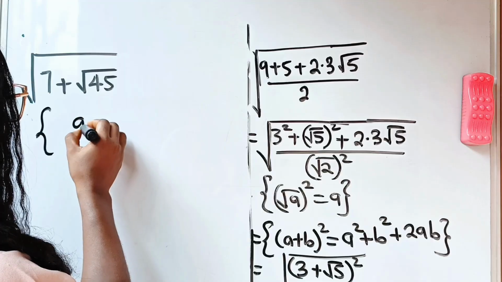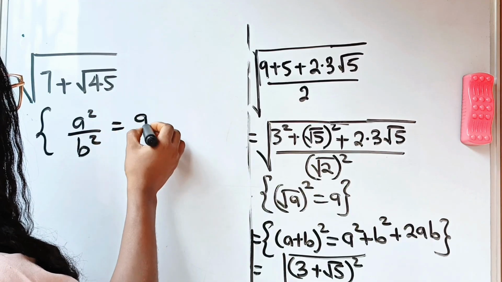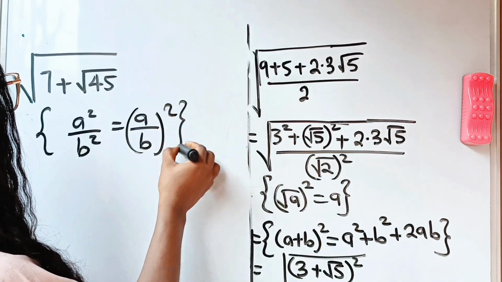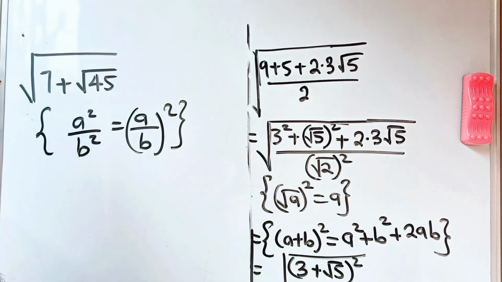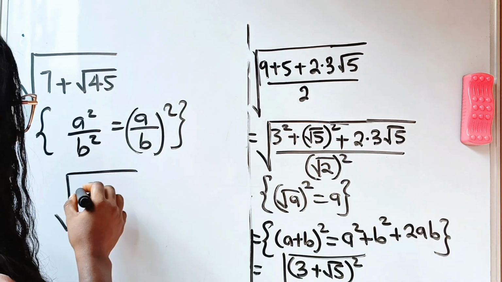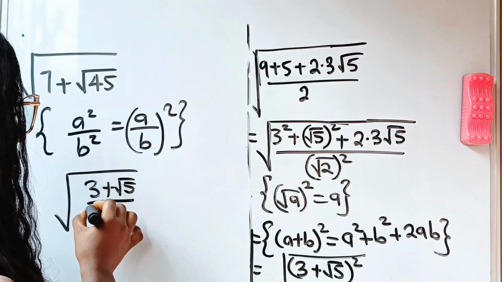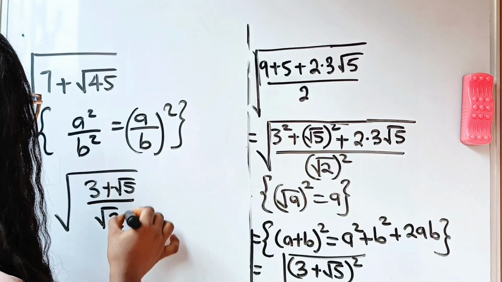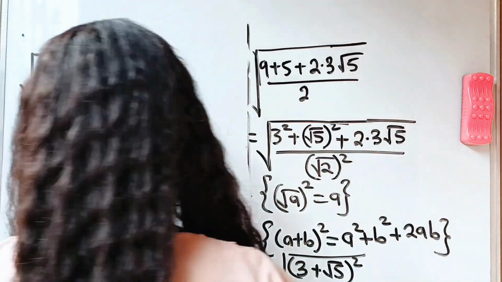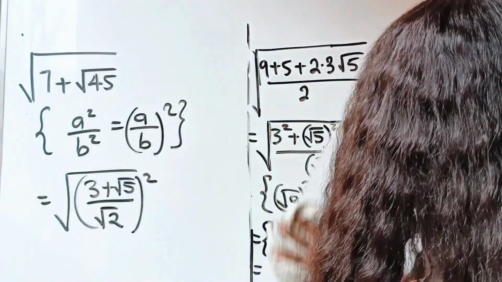Remember that a squared divided by b squared is equal to a divided by b all squared. Okay, so that means that we can write this as square root of 3 plus root 5 divided by root 2 all squared.